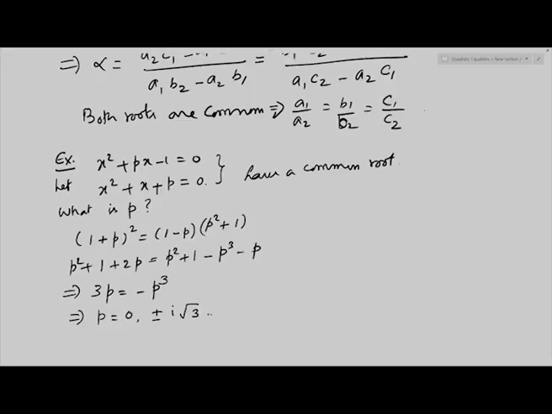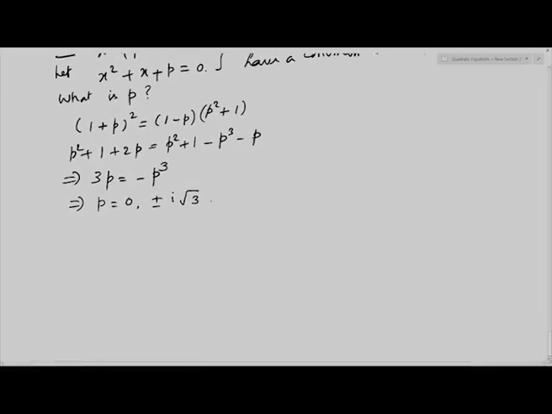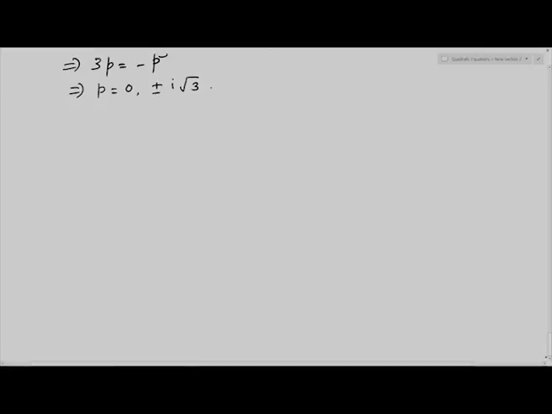In the same way let me give one more problem. Consider this quadratic equation, x square minus lambda x minus 21 equal to 0, and another equation is x square minus 3 lambda x plus 35 equal to 0.